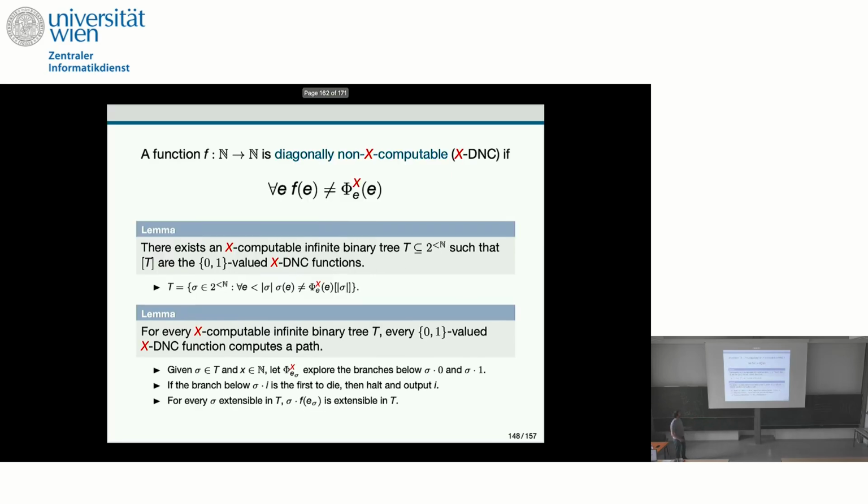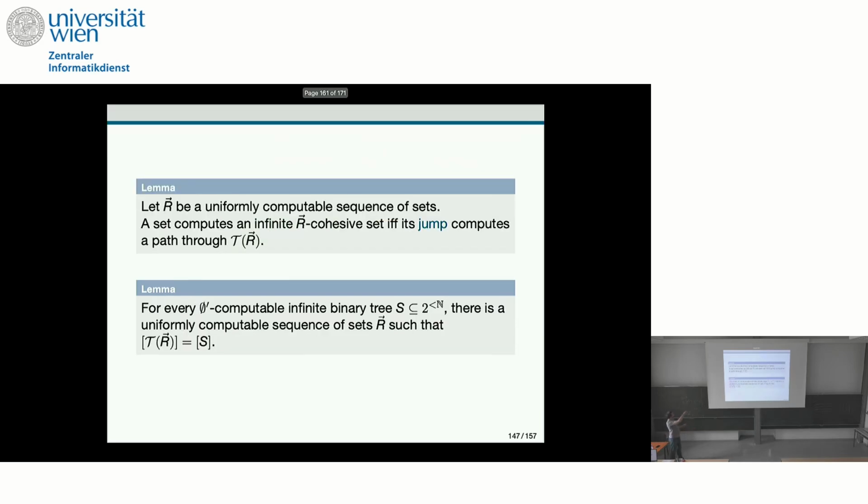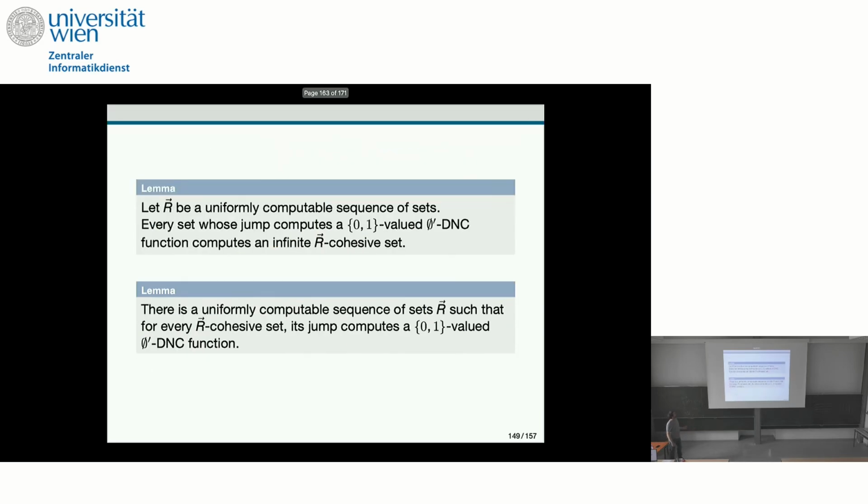And using this previous lemma, we can show that Co admits also a universal instance. Given a computable instance of Co, every set whose jump computes a 0-1 valued DNC function relative to 0' computes a cohesive set.